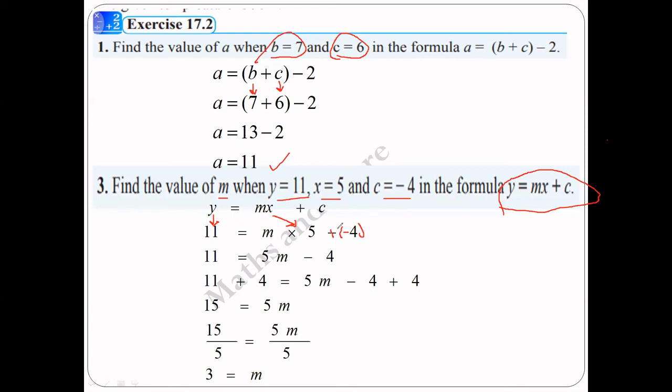Okay. 11 equals m into 5, 5m. Plus minus 4 means plus minus. If a plus sign is there, no change in the sign.